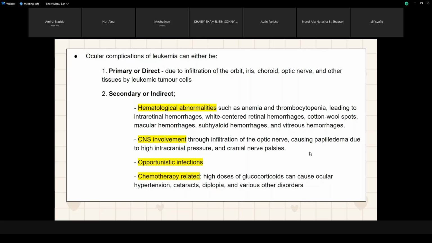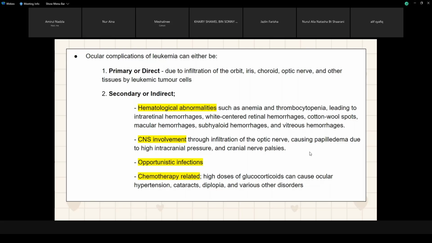It also can be caused by CNS involvement through infiltration of the optic nerve, causing papilledema due to high intracranial pressure and cranial palsy. It can also be due to opportunistic infection, and lastly to chemotherapy.